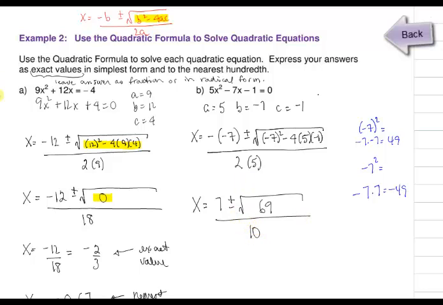So now take note, your discriminant is now 69, which is a positive number. And when your discriminant is a positive number greater than 0, you know you're going to get 2 real distinct roots.